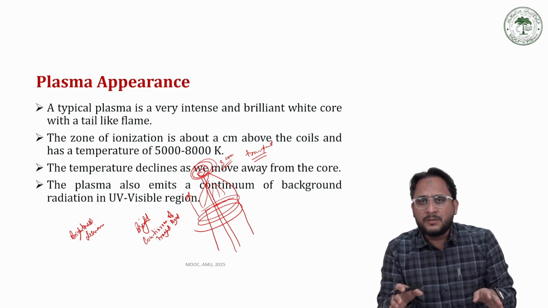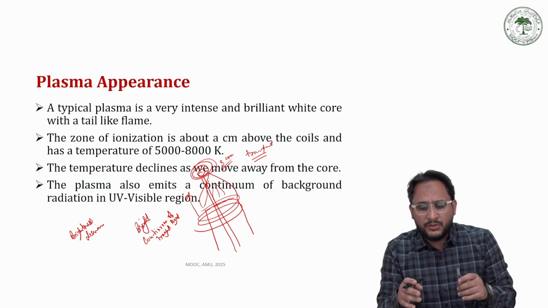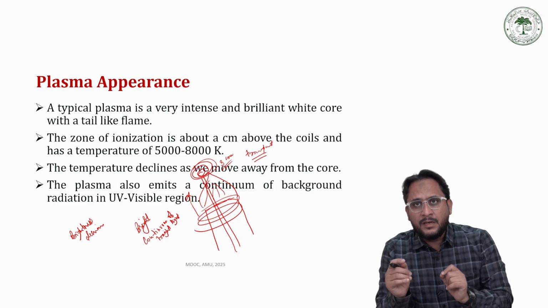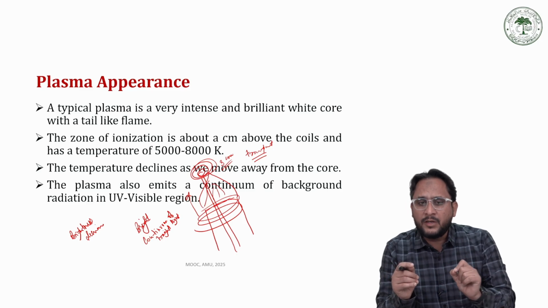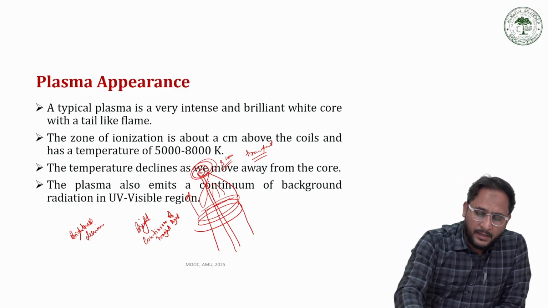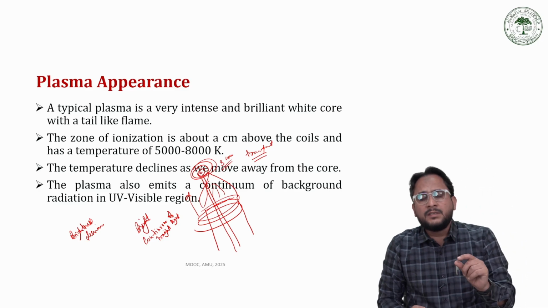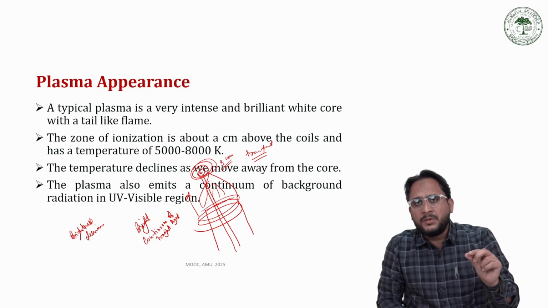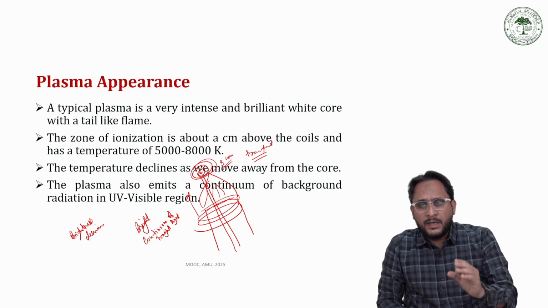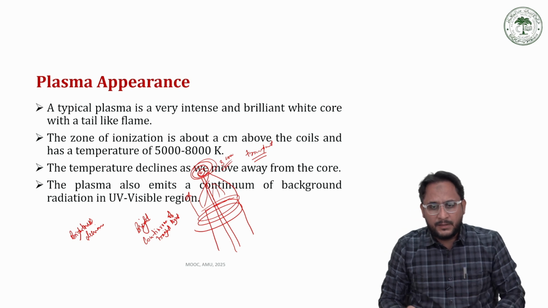So the sample with the inner tube in the form of aerosol enters at this point, which is at a distance of around 3 centimeters from the coils, where the plasma is almost transparent.